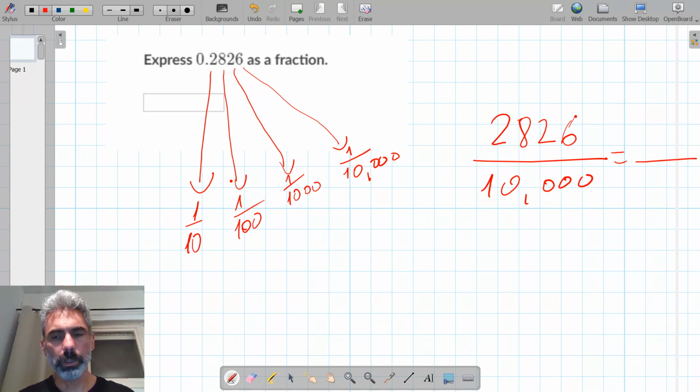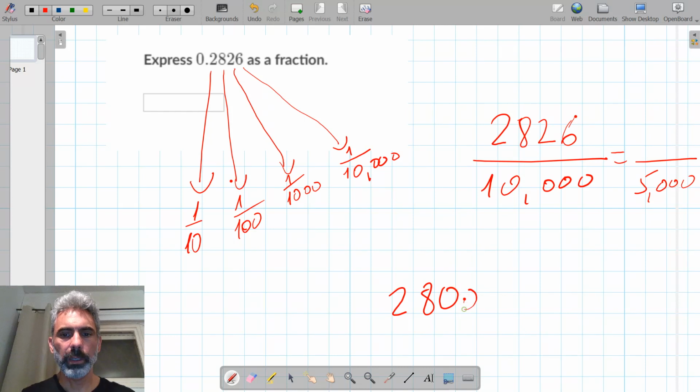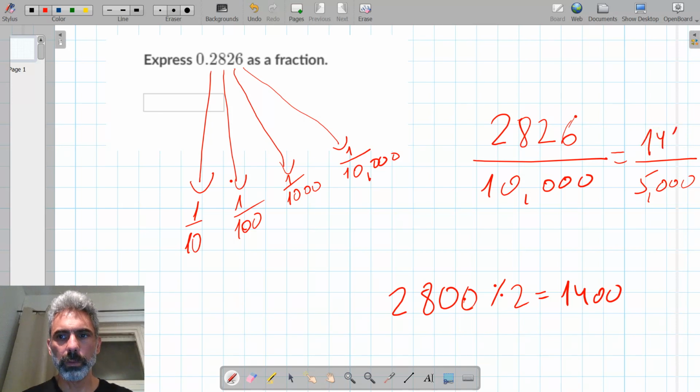So on the denominator we get 5,000, and in the numerator we get 2,800 divided by 2 is 1,400, and 26 divided by 2 is 13, so 1,413 over 5,000.